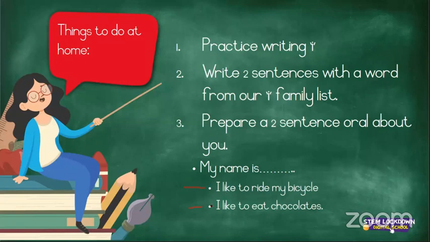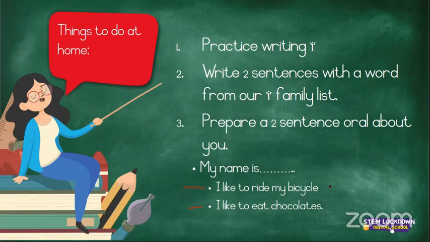And the next sentence, I said, I like to eat chocolates. Okay, so in our next literacy lesson, I'm going to hear some orals. Okay, so I'd like to learn more about you, and so would your class.